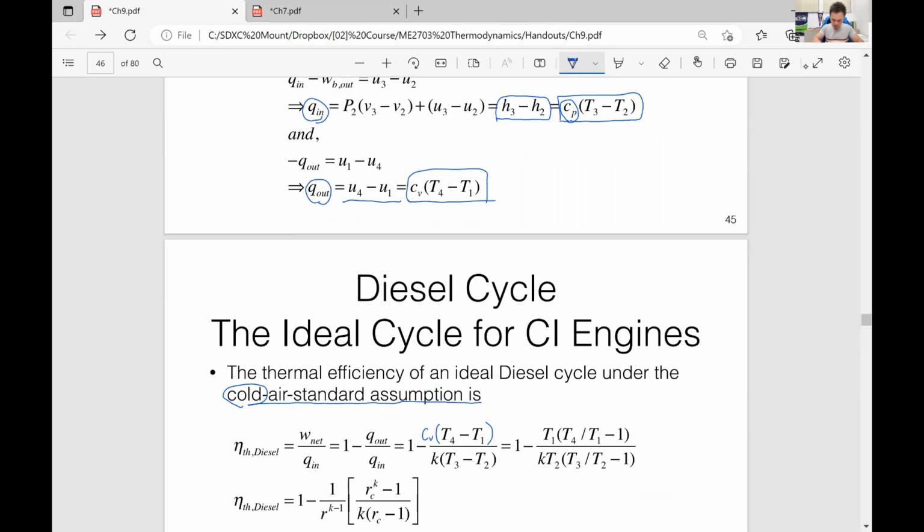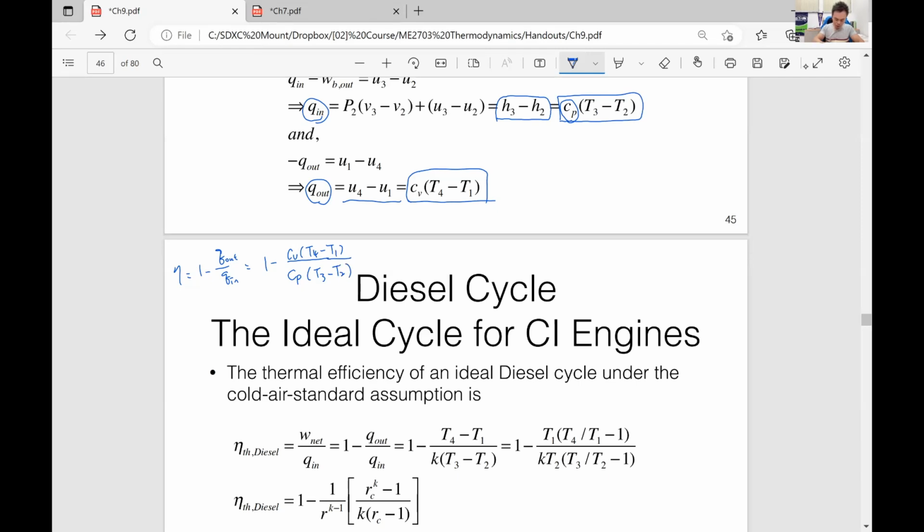So let me rewrite this. Efficiency is 1 minus Q out over Q in. So this is 1 minus Cv (T4 minus T1) over Cp (T3 minus T2).